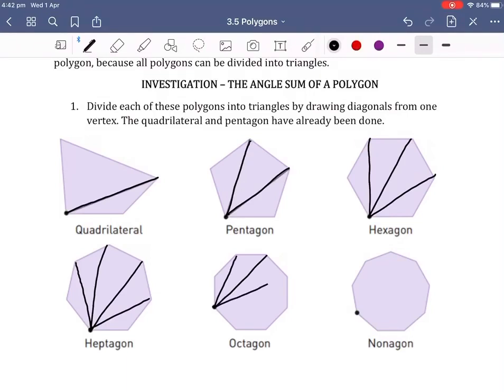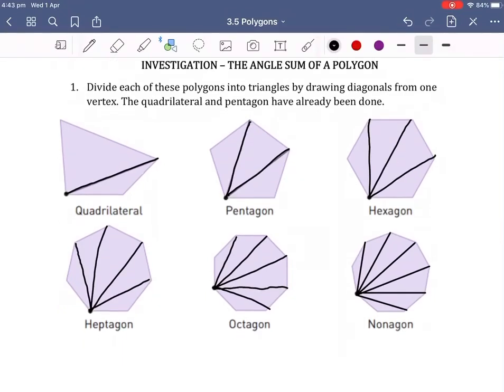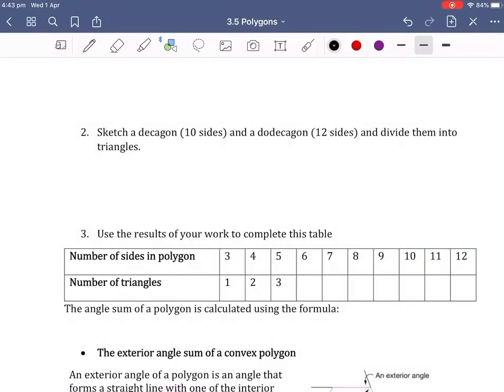Your octagon, you should have 5 diagonals, and your nonagon you should have 6 diagonals drawn.